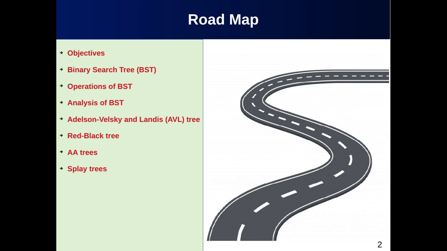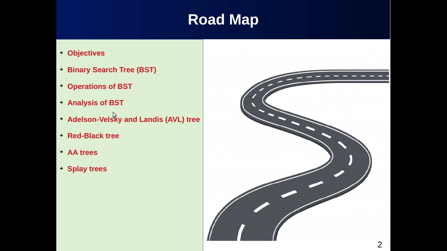We will also cover different operations that we can perform on a binary search tree, like how to insert a node, how to delete a node, and how to search for a node in a binary search tree. We will also analyze the insertion, deletion, and searching operations in order to analyze the binary search tree.